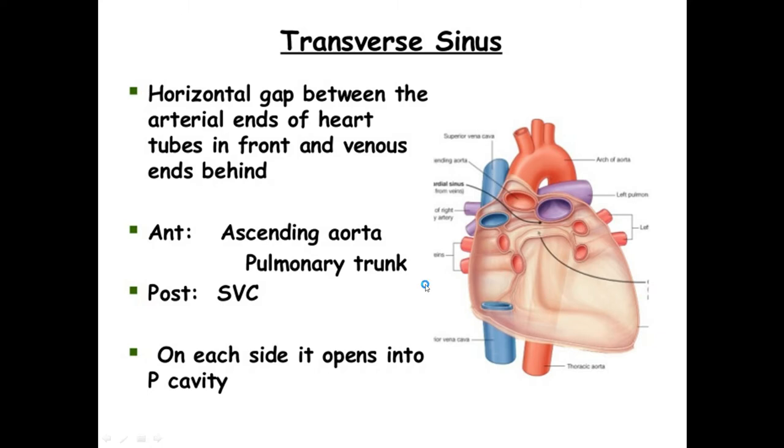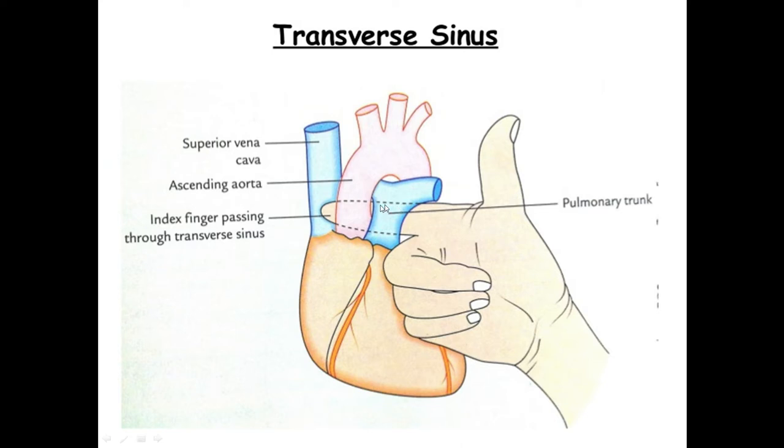No worries. If we insert a finger in the transverse sinus, anteriorly is the pulmonary trunk and the ascending aorta, arch of the aorta, and posteriorly is the superior vena cava. So the finger is in the transverse sinus. I hope it's clear.